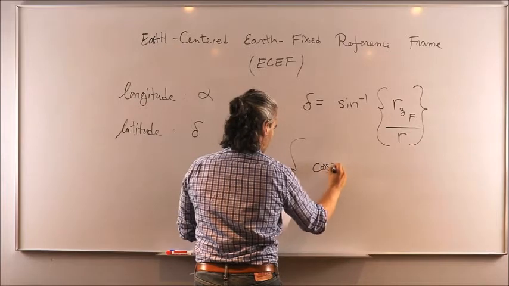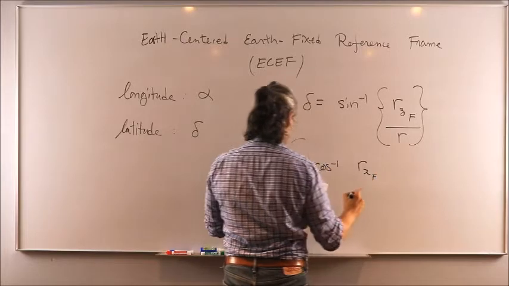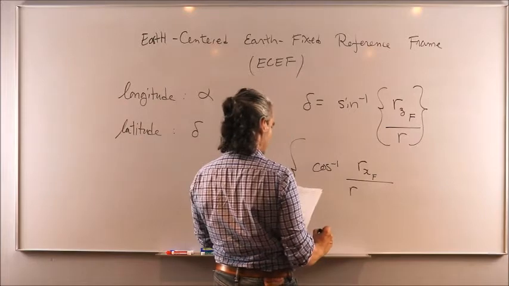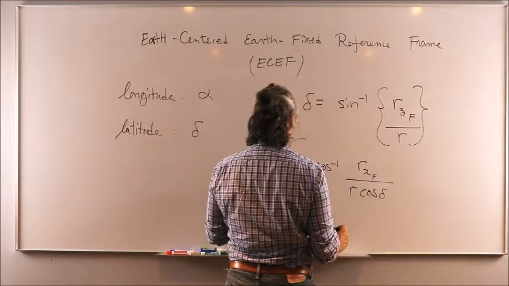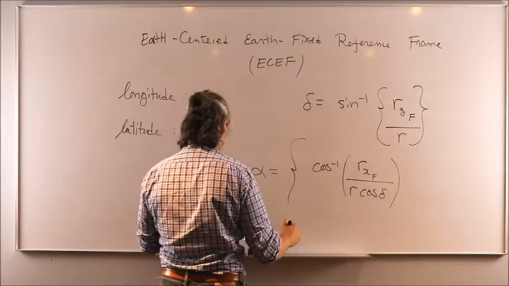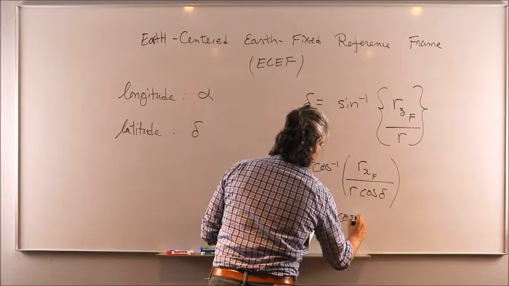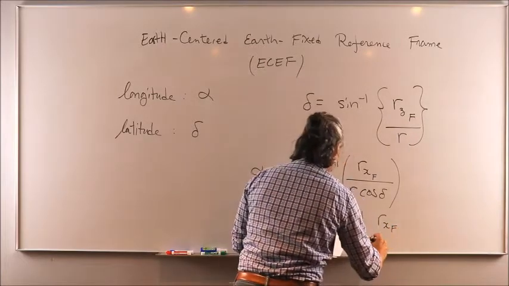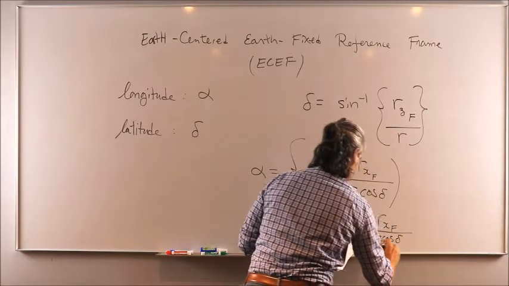So either arc cos of the x component in ECEF divided by the norm of your position vector, cos of latitude, or 2 pi minus cos minus 1 of Rx in ECEF over R cos latitude.